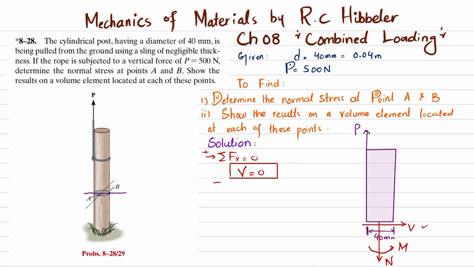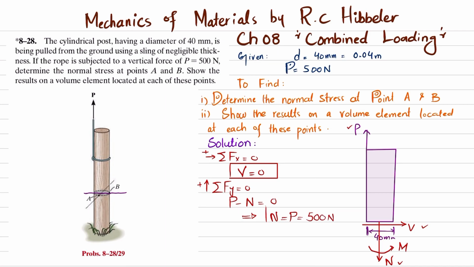Now we'll find this vertical force N. For that, the sum of all forces along the y direction must be equal to 0, and upward force is taken as positive. So two forces, one is P and the other is N. Their sum must be equal to 0. So P minus N will be equal to 0. So it means that N is equal to P, and P is given as 500 Newton.